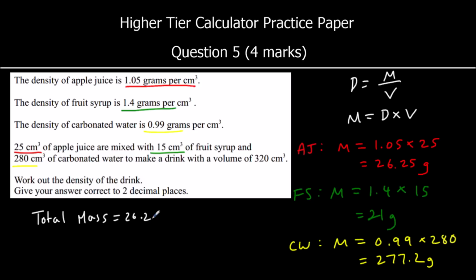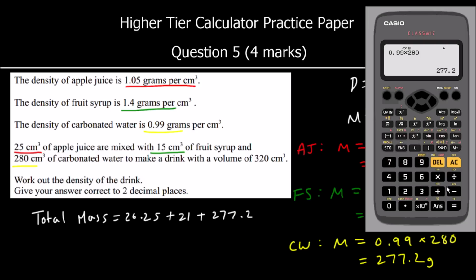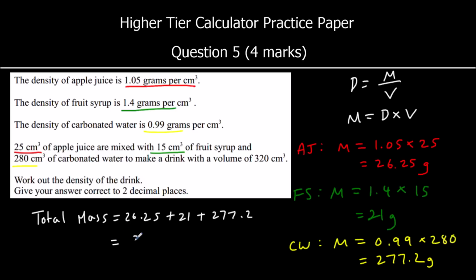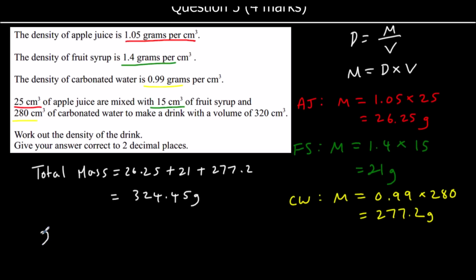So 26.25 and 21 and 277.2. So they add up to 324.45 grams.